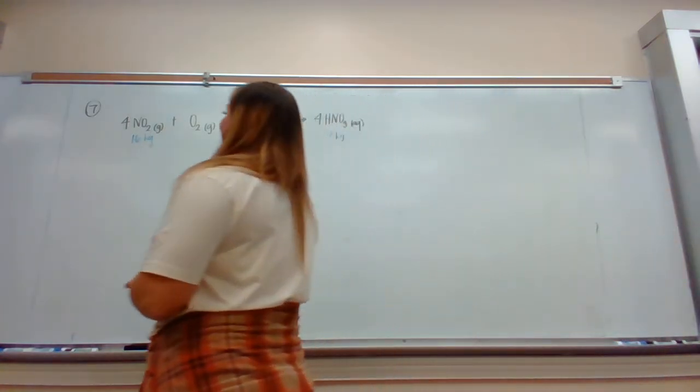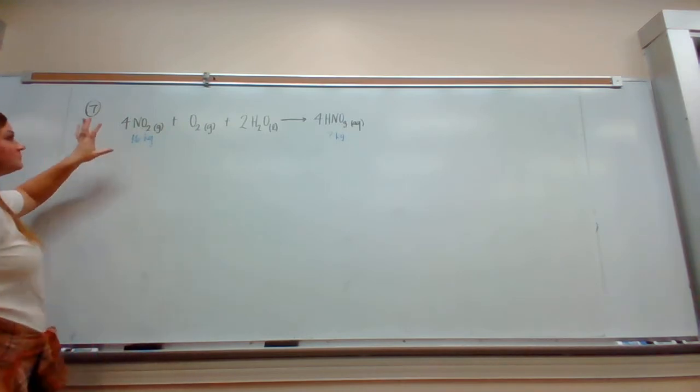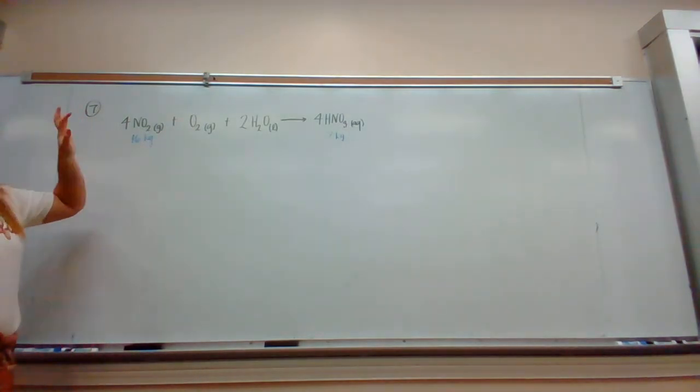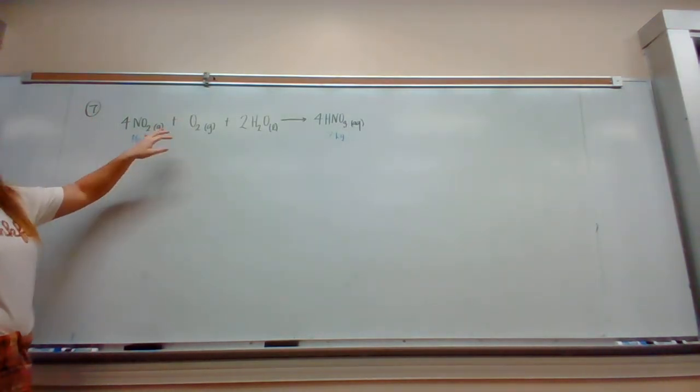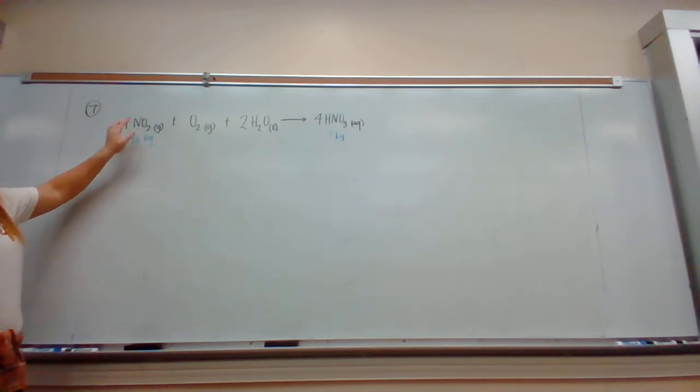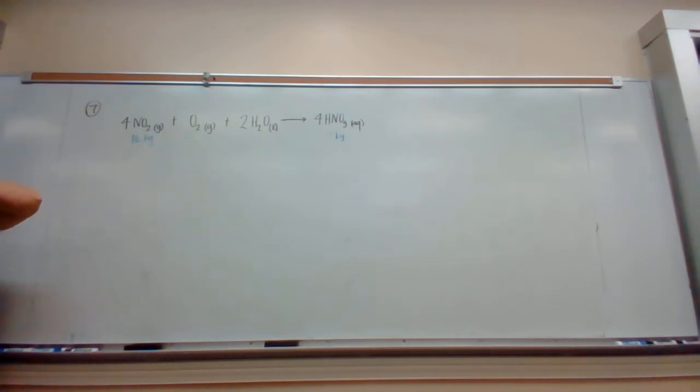The only way I can relate a reactant to a product, or a reactant to another reactant, is through the balanced equation. So the first step should always be to balance the equation. In these examples, I've already balanced them to save time.